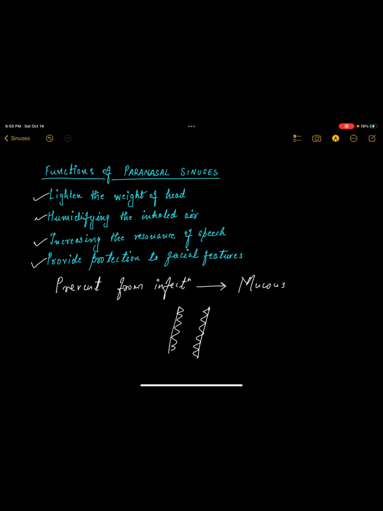So if any microorganism, be it fungi or bacteria or any virus, gets inside the lining of these sinuses, the microbes get stuck in this mucus, and the lymphocytes present inside this lining engulf that microbe and kill it.